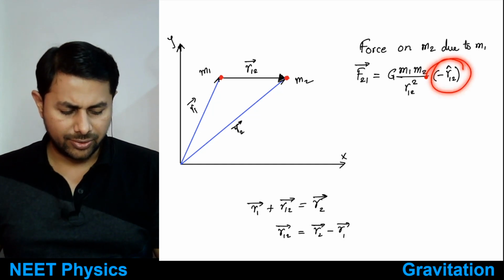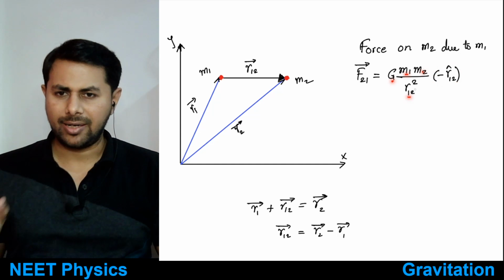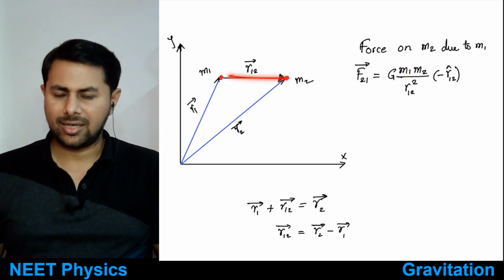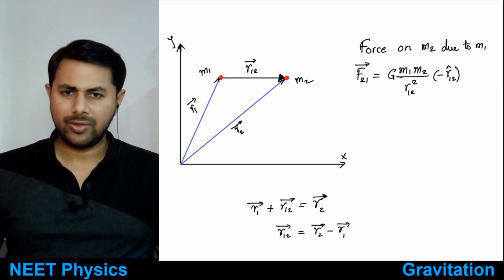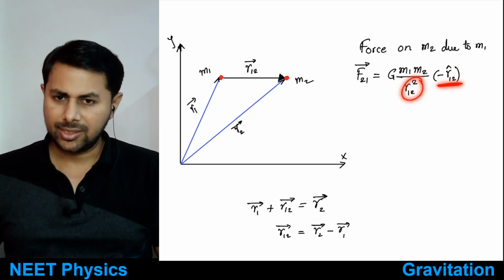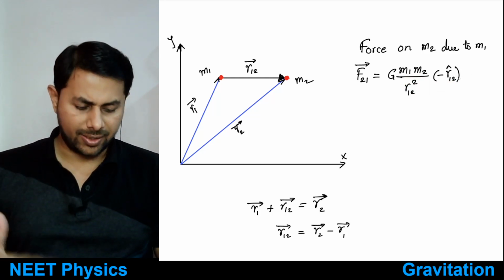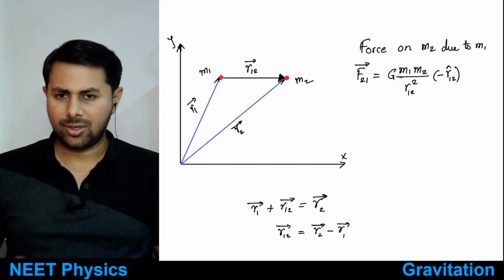The magnitude will be G times m1 m2 divided by r12 square, or you can also write r21 square, because r21 bar and r12 bar have the same magnitude. The important thing here is the direction.